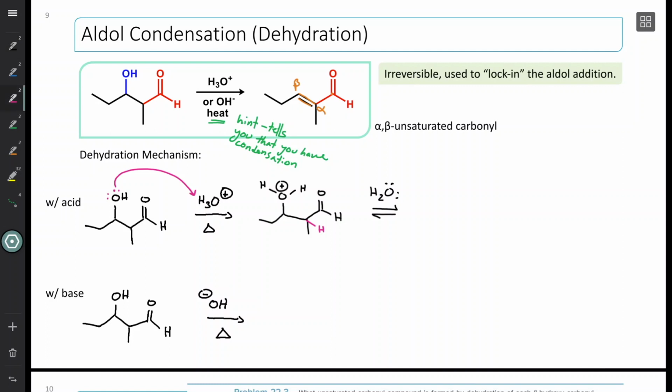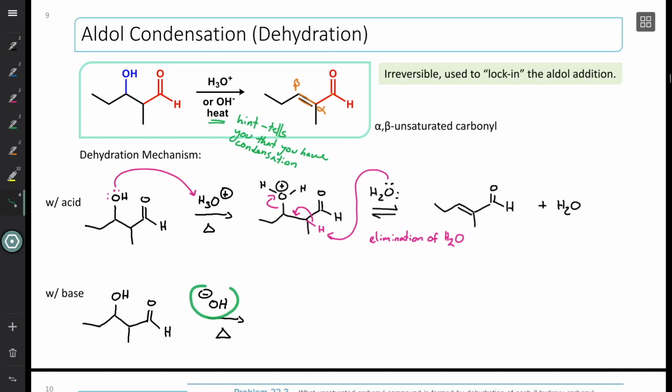H2O now is here, we'll deprotonate here, and that electron density will form the double bond, and at the same time you eliminate water, right? So this is your elimination of H2O in one step, and your resulting product is your unsaturated carbonyl, like that, plus H2O that you have kicked off.